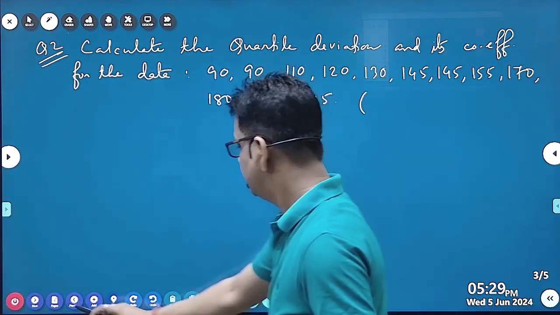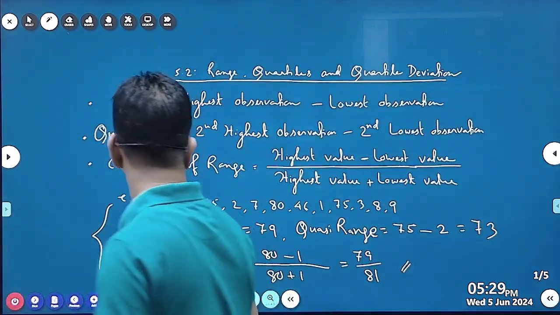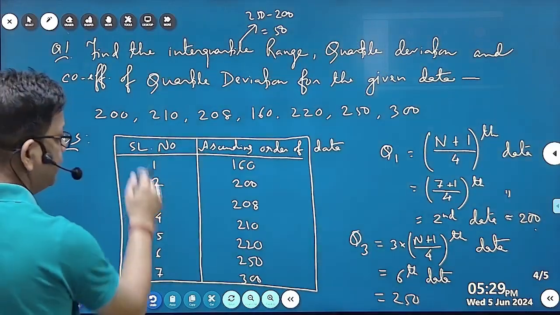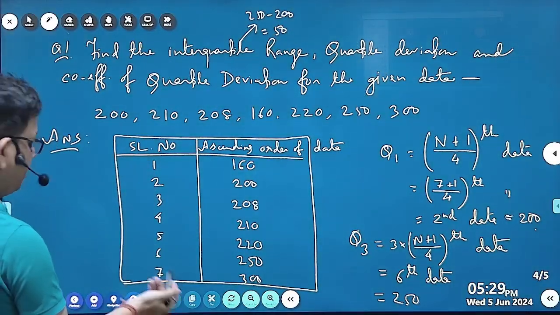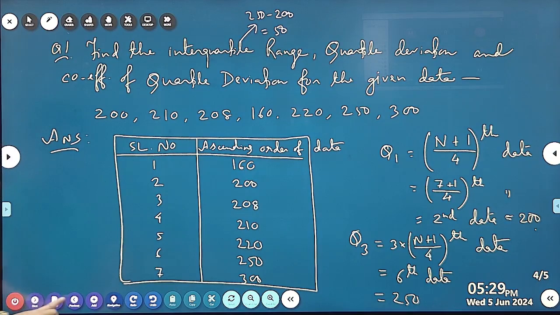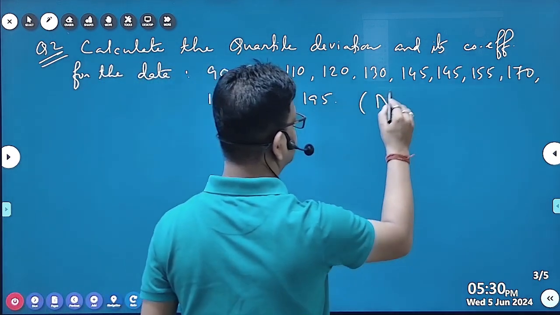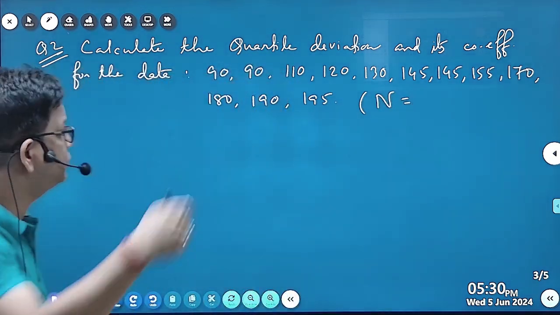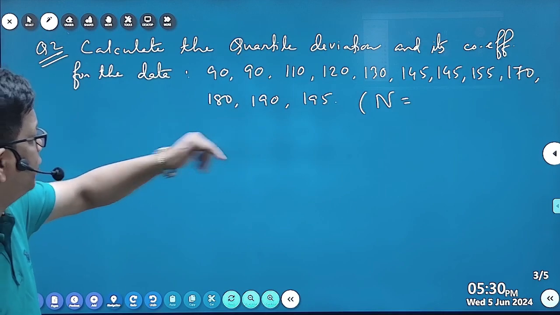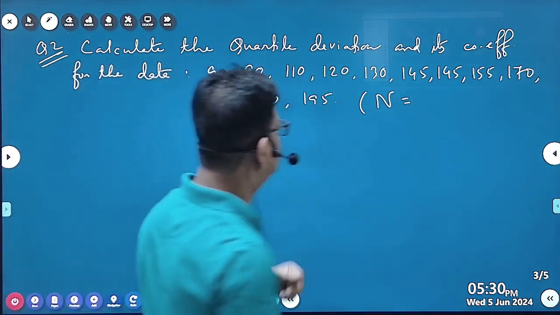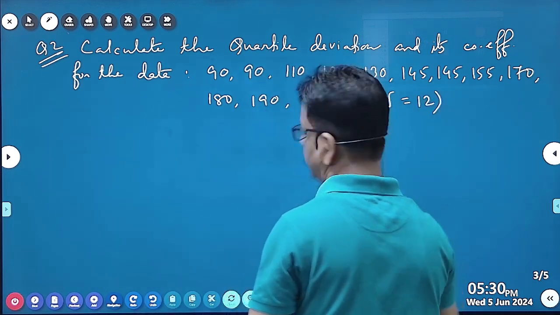Otherwise, we can't do it, the data need to be arranged in ascending order. Now just to find out n, how much? I think 12. So n is 12. Okay, we don't have any problem.